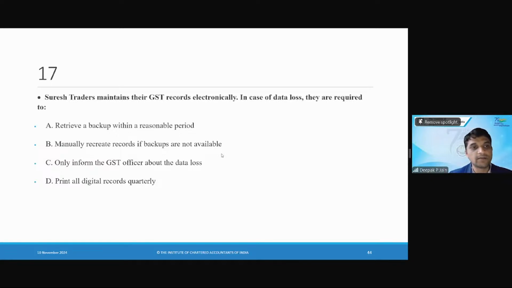Correct. Retrieve a backup within a reasonable time. Because backup will be there, retrieve from the backup.